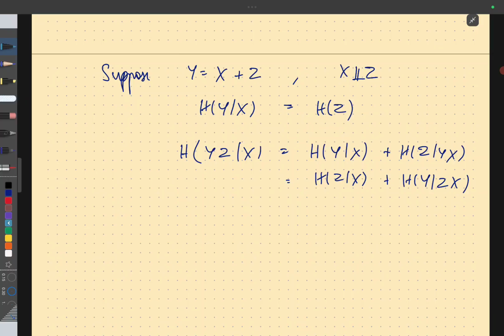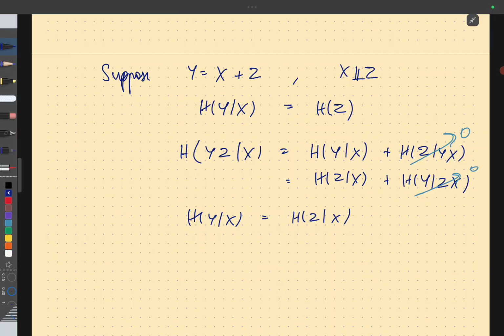So the entropy should be equal to 0. It's a deterministic function. Z is a deterministic function of y and x. Similarly, what is h of y given z, x? That's also equal to 0, right? Because y is equal to x plus z. So both these quantities are 0, which means that h of y given x is equal to h of z given x.